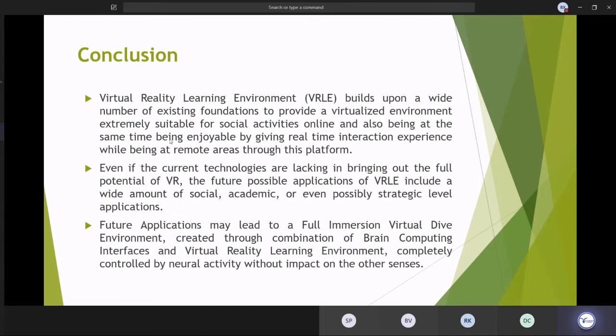Future applications may also lead to a full immersion virtual dive environment created through the combination of brain computing interfaces and virtual reality learning environment, completely controlled by the neural activity without the impact on the other senses.